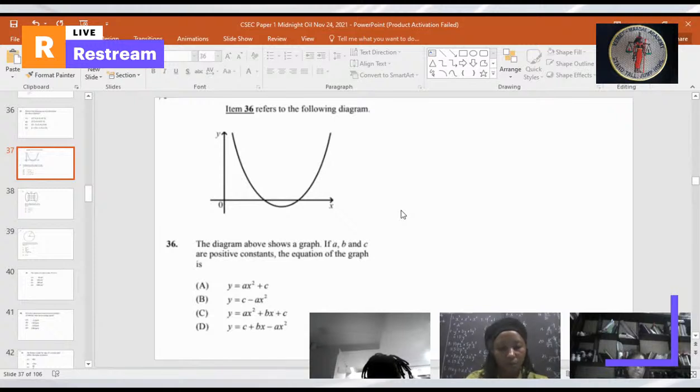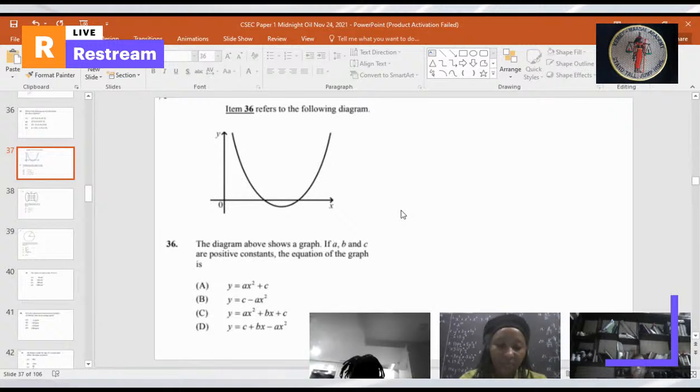In which two are you saying is positive? Oh, if A, B, and C are positive, miss, so it wouldn't be B or D. Right. So we can eliminate B and D because what?